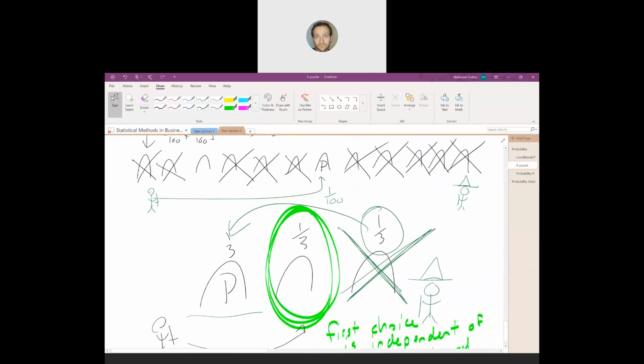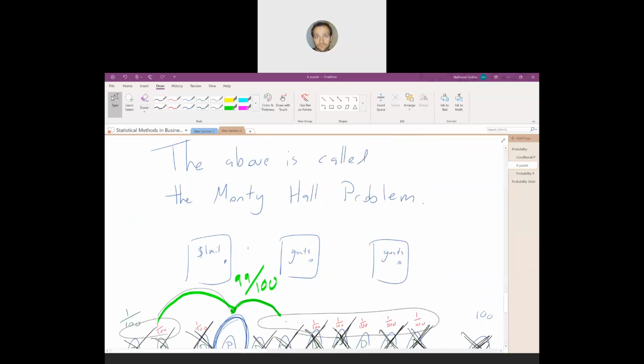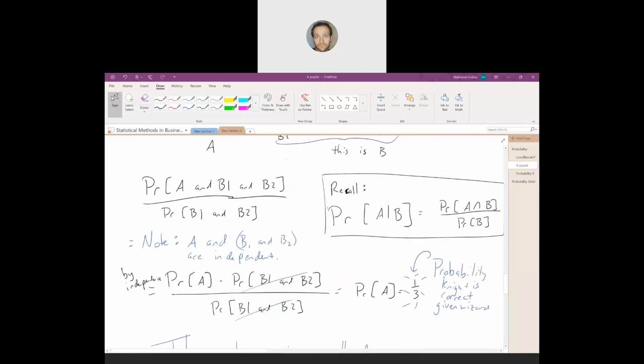As far as this class is concerned, the reason why I'm introducing this is, one, because it's a very, very good example of applying conditional probabilities, independence, and probability spaces. It's a really good exercise for that.